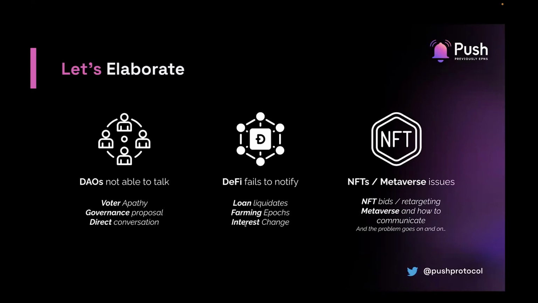Whenever there is a new interest rate change, whenever there is a new yield farming opportunity. And for NFT marketplaces, now they have a way to notify their users by their wallet addresses whenever someone places a bid on their NFT, instead of the users having to provide an email or needing to come back to the app to fetch the information themselves.